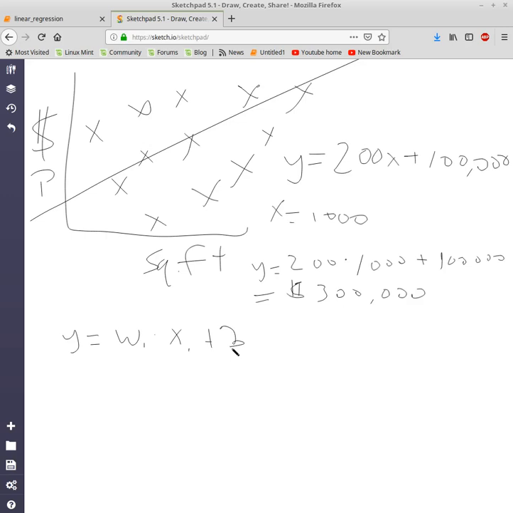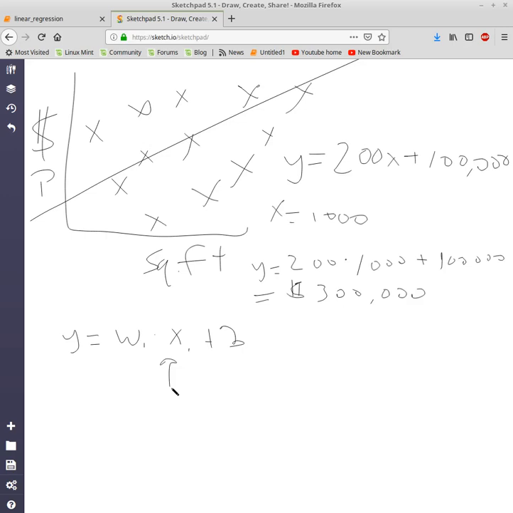We can think of b as a bias. For example, even if square footage was 0, maybe the lot can still cost $100,000 just for the land.